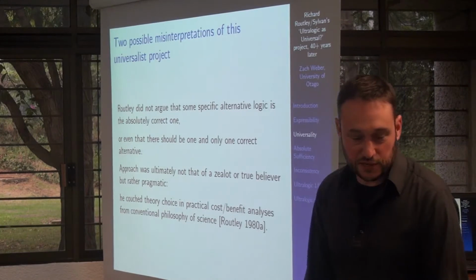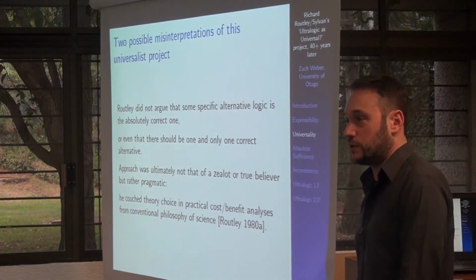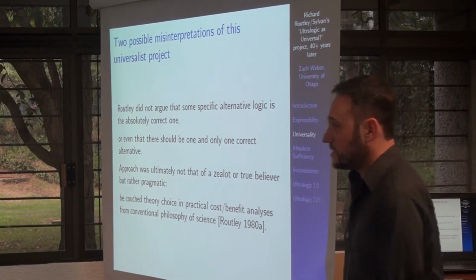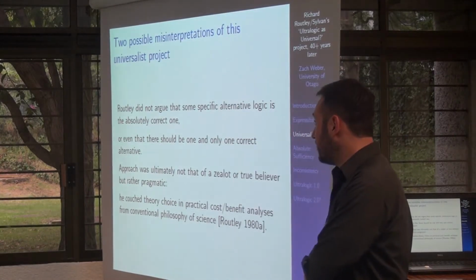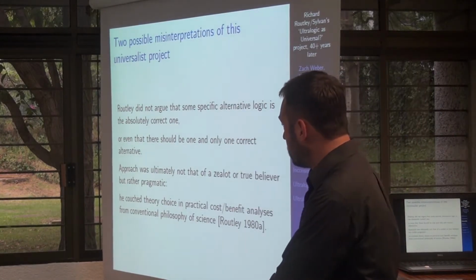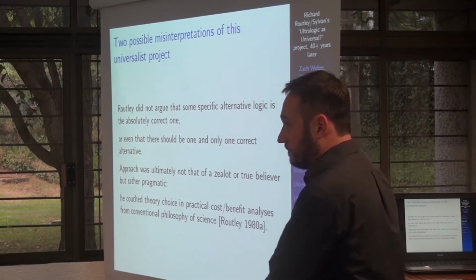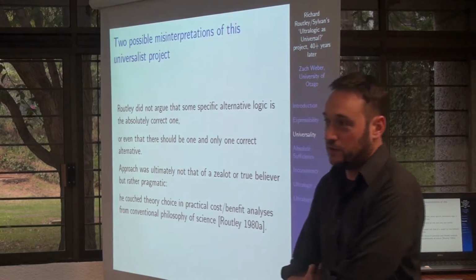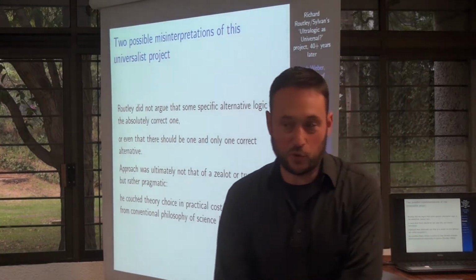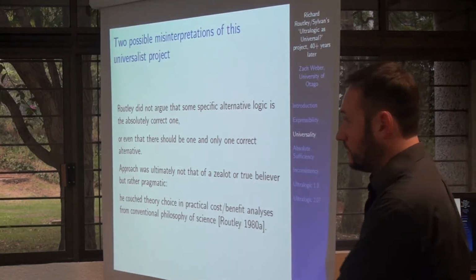The essay largely centers on a weak relevant logic around DL or DK, which is a little bit stronger than B, a little bit weaker than R. But he doesn't say that that's definitely it. And he doesn't even say that there should be one and only one universal logic. Maybe there's more than one universal logic.